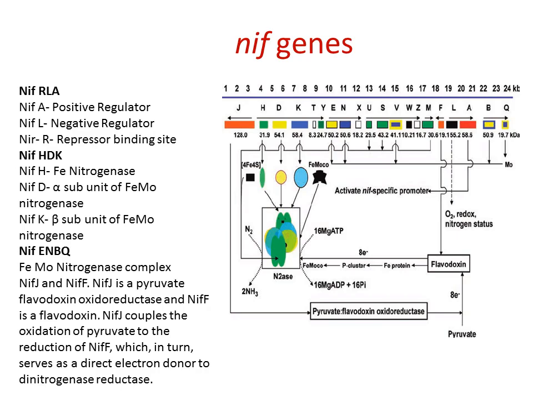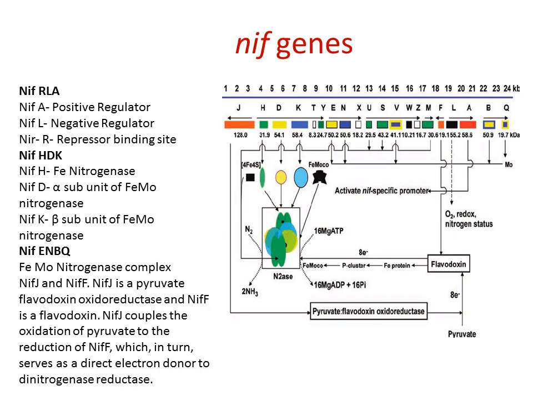So once the flavodoxin has been reduced, it is a strongly reducing electron carrier. This reduced flavodoxin gets oxidized once it transfers the electrons and protons to the dinitrogenase reductase of the enzyme nitrogenase.